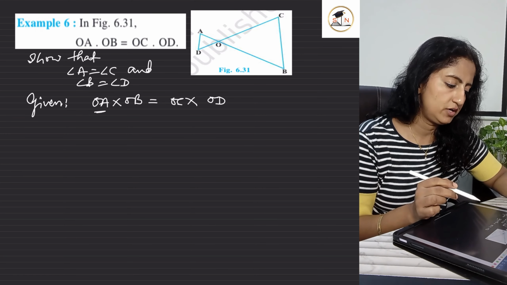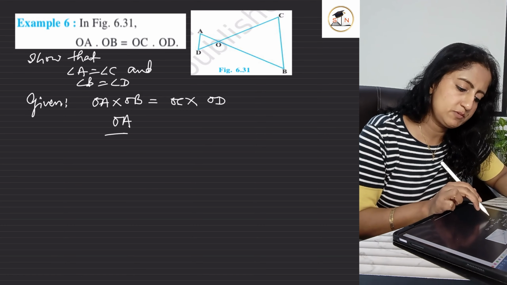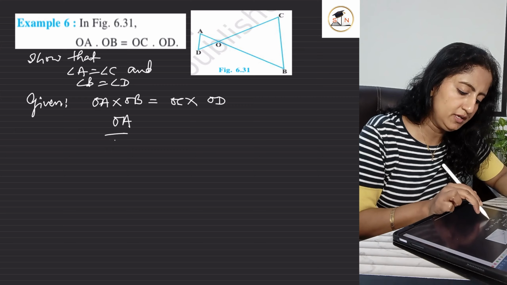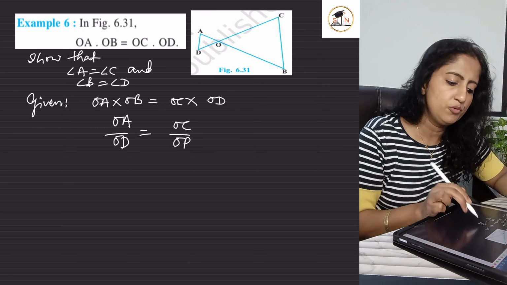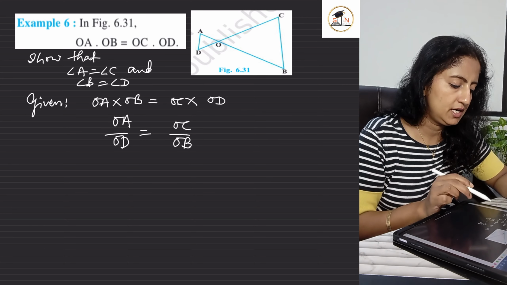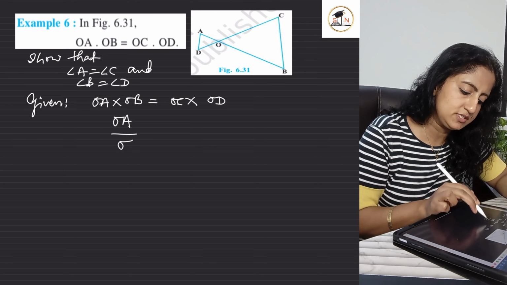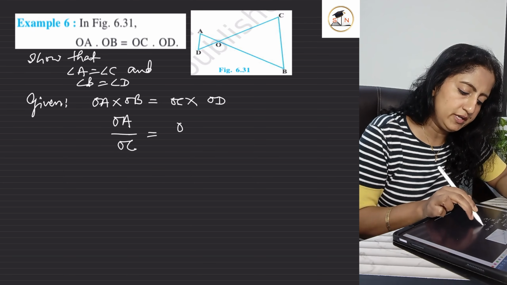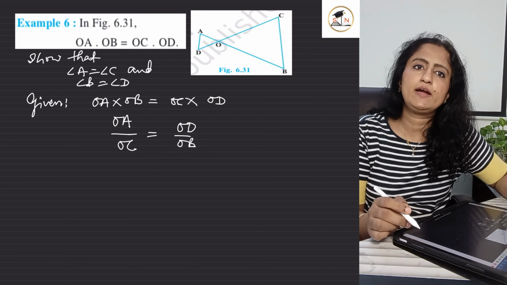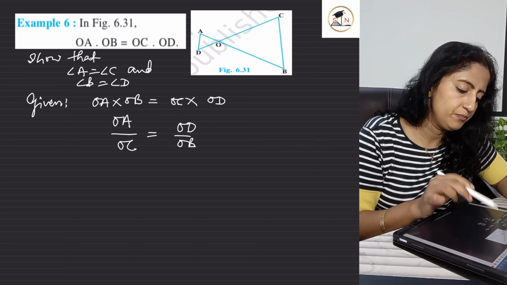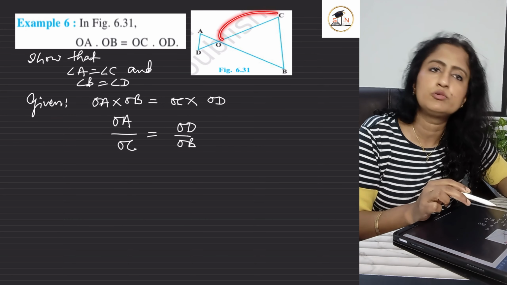What will we select according to that? We will write OA. Corresponding to OA, what will come? It is going to be OD equals OC over OB. OD and OC came, just a moment. It is going to be OA over OC equals OD over OB. Why did I change now? I had written something else. Then why did I change? Because see, if we have OA from this triangle, then OC has to belong to the other triangle.